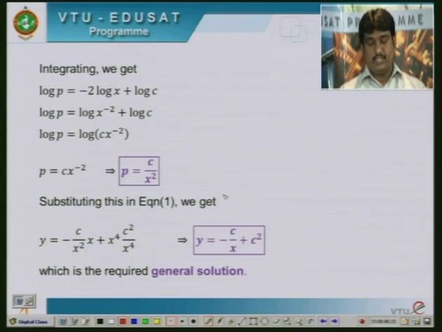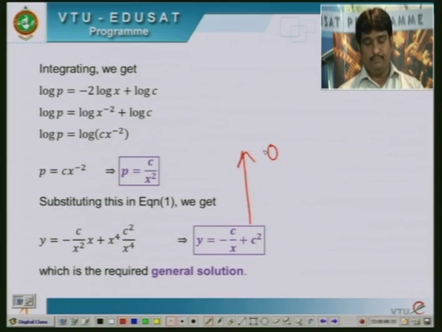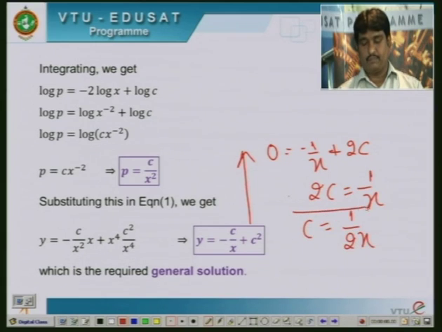Now if I differentiate this equation with respect to c, treating x and y as constant, we get 0 here, the derivative of y is 0, that equals minus 1 by x, constant, derivative of c is 1, plus c square. The derivative of c square is 2c. Therefore, 2c is 1 by x, which is nothing but c equals 1 divided by 2x.